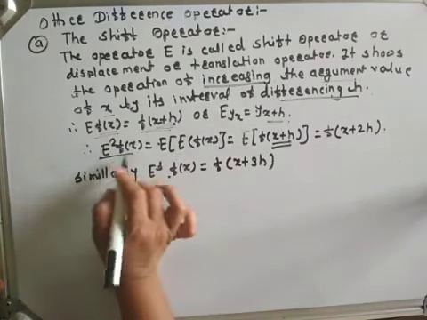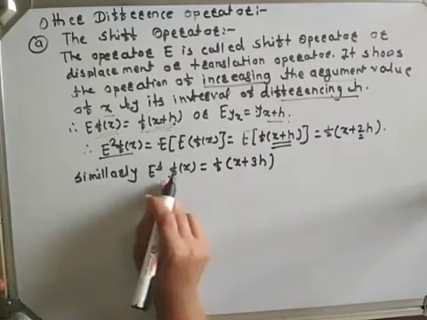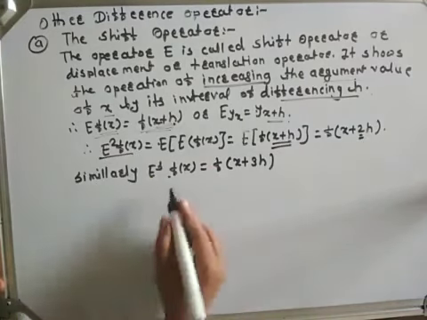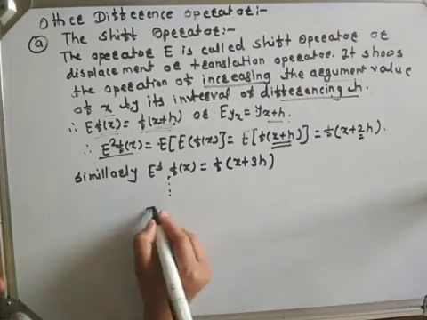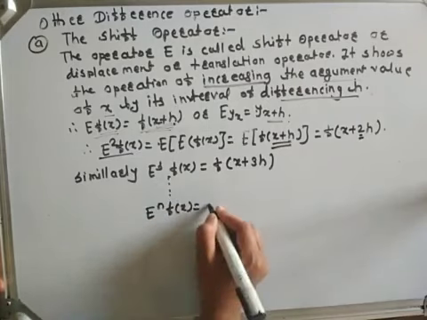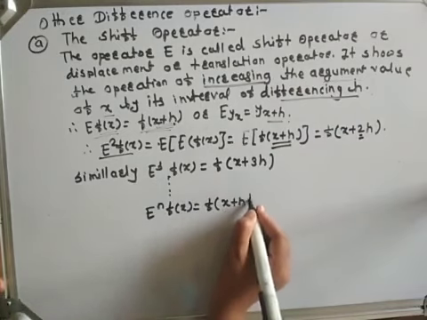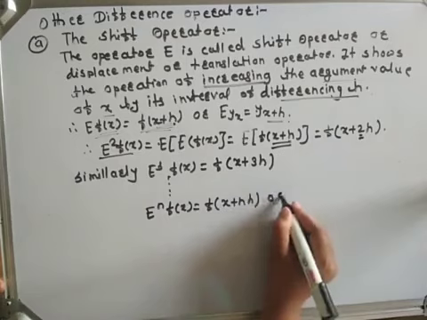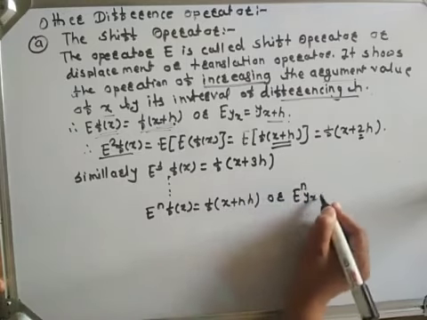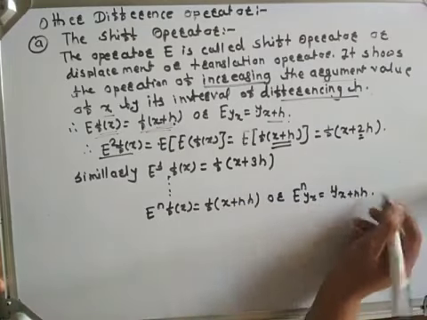Here E square f of x is f of x plus 2h, therefore E cube f of x is equal to f of x plus 3h, and so on up to E raised to n of f of x is equal to f of x plus nh, or E raised to n y x is equal to y x plus nh.